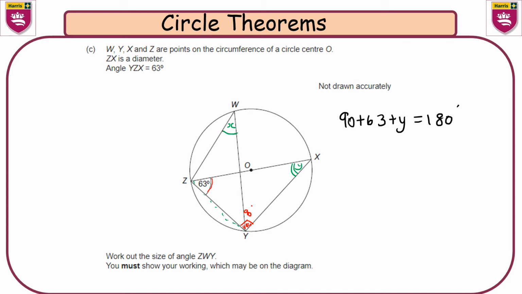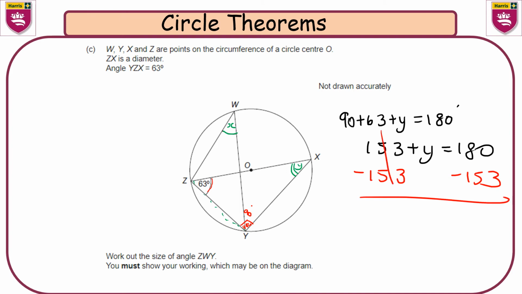We're going to add 90 and 63, then take it away from 180 degrees. 153 plus Y equals 180. So what I need to do is take 153 away from both sides to balance the equation, and I'm going to find Y to be 27 degrees.